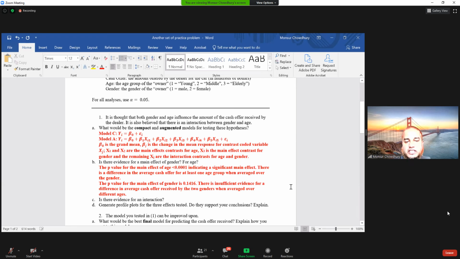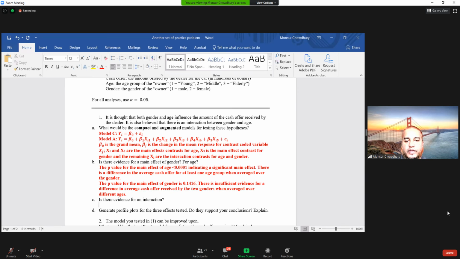Now what about the interaction one? If you look at the interaction effect, we have seen that the p-value for the interaction effect is not significant.